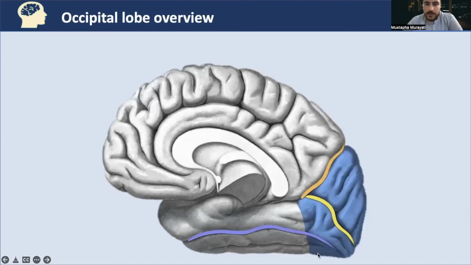And the medial surface is really important for us in the functional areas in the occipital lobe, as we have the 2 main sulci that divide the parietal from the occipital lobe: the parieto-occipital sulcus, and the calcarine sulcus, which is coming here and making the Y shape with the parieto-occipital sulcus. Okay, this is the cuneus area, and this is the lingual gyrus.